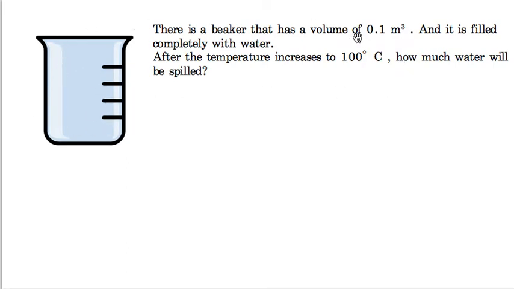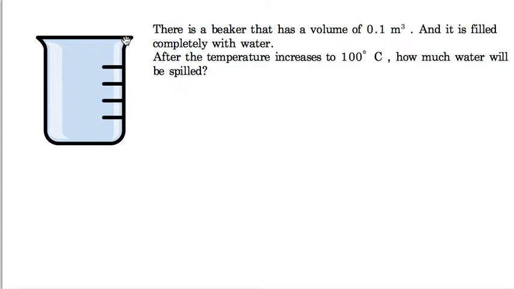It has that volume, 0.1 cubic meters. And then it says that it's filled with water completely, to the brink. What's going to be the volume of the water? Well, the volume is going to be pretty much the same as the volume of the beaker.